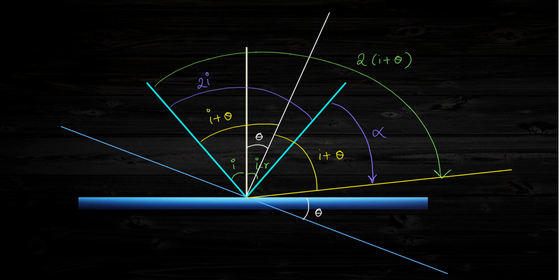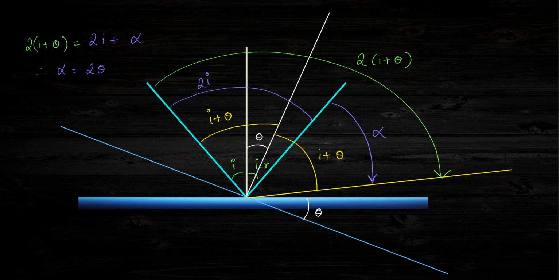So we can visually understand that 2 times I plus theta is equal to 2i plus alpha. Therefore, again, alpha is equal to 2 theta. So no matter in what sense, clockwise or anti-clockwise, the mirror rotates, if the mirror is rotating by an angle theta, then the reflected ray is rotating by an angle 2 theta. This is important to understand.